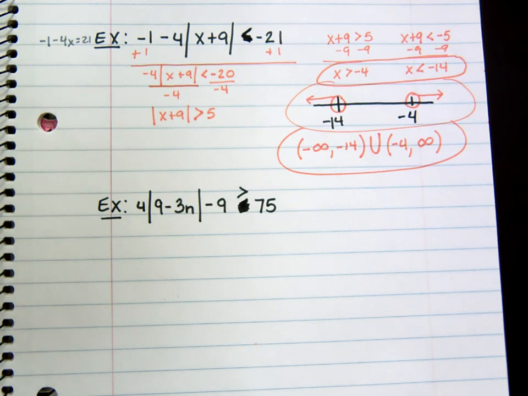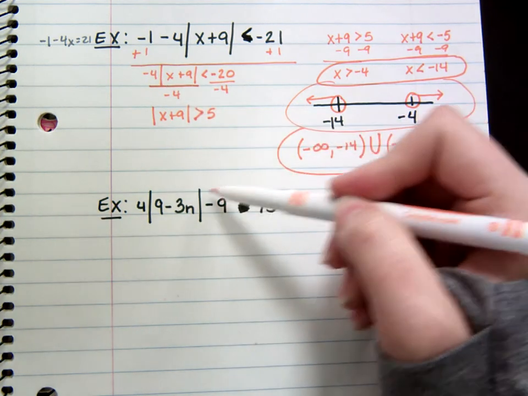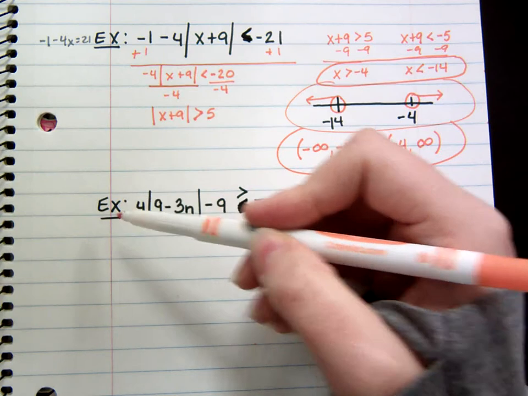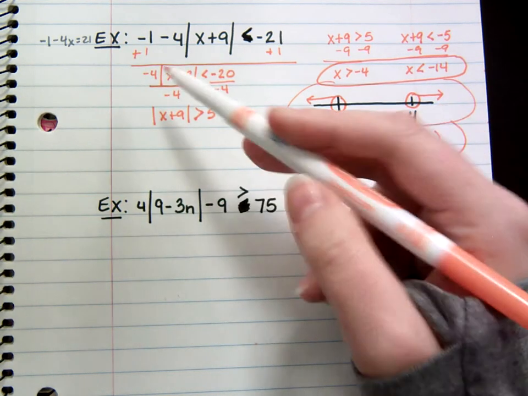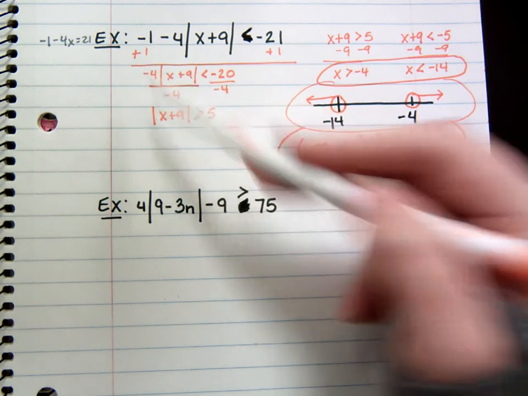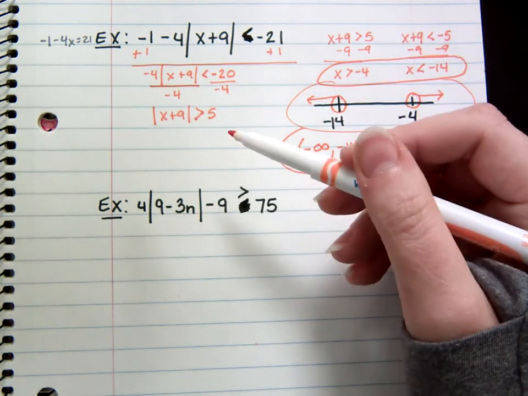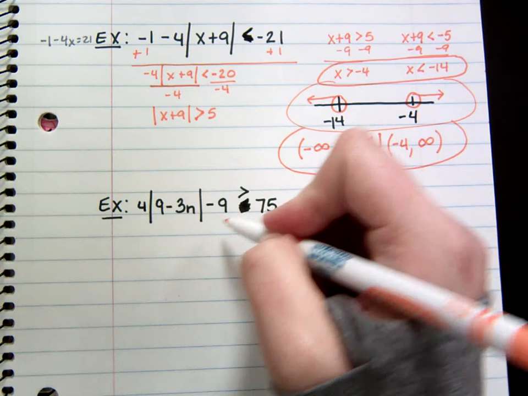So, in this example, it's very similar to the last one. It's just the add or subtract number is behind rather than in front. For some reason, I get more mistakes when the number is in front, like in the previous example. But your first step will be to add 9.